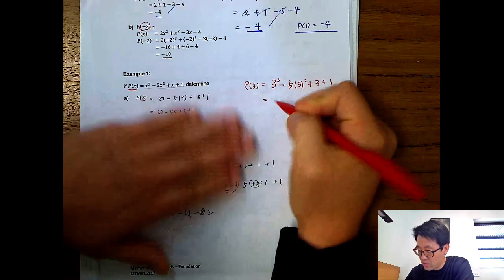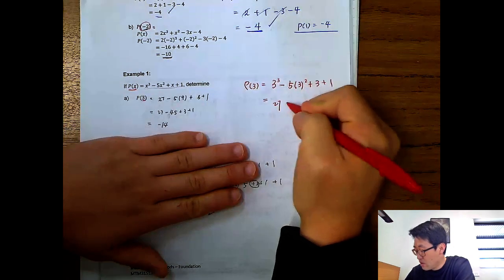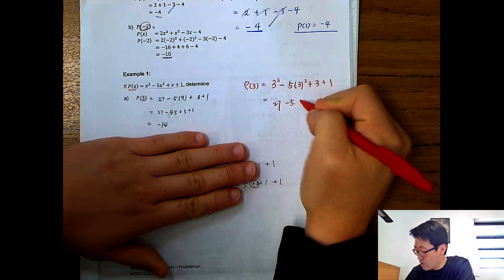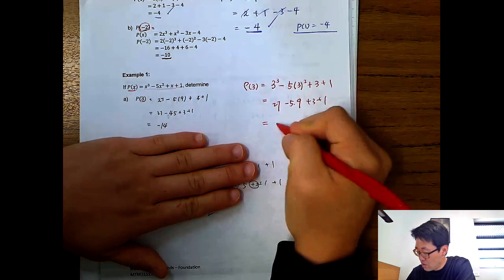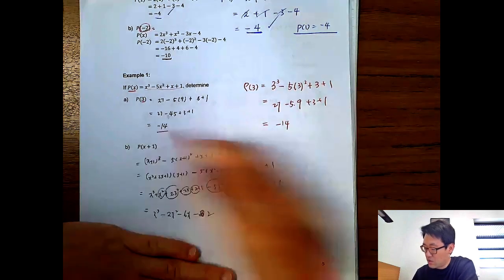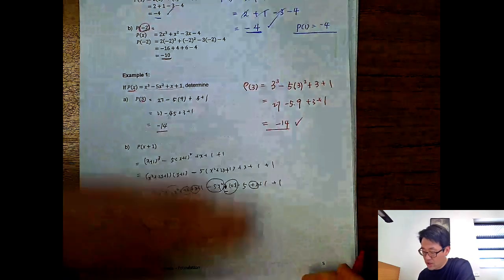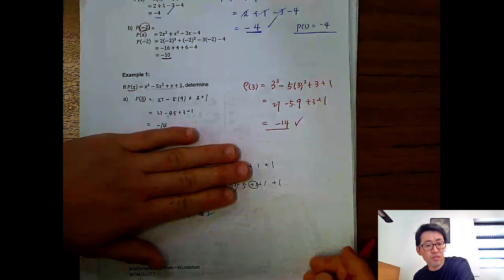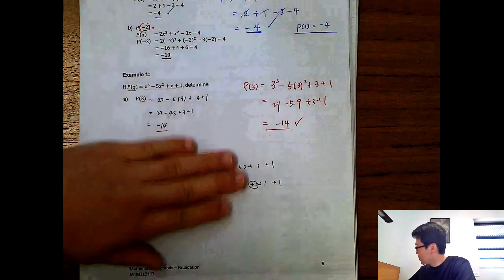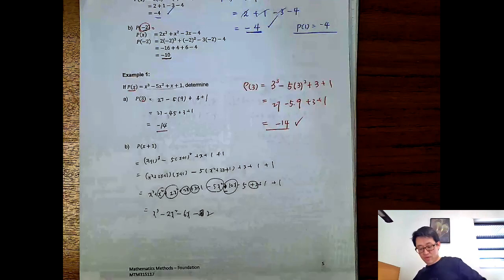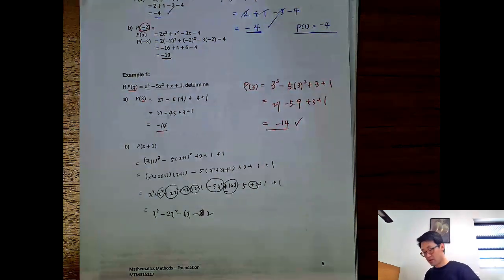You can do it at once anyway. So 27 minus 45 plus 3 plus 1 equals minus 14. I just did it, so I just copy that.